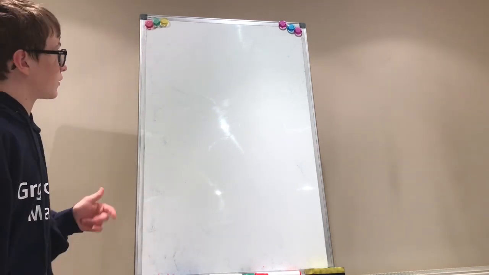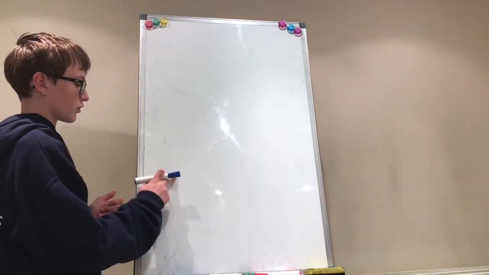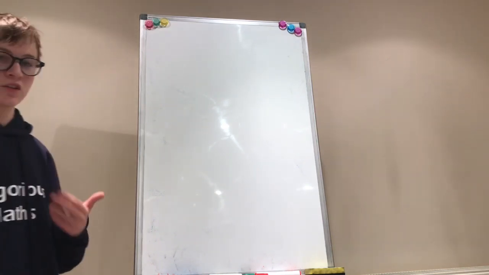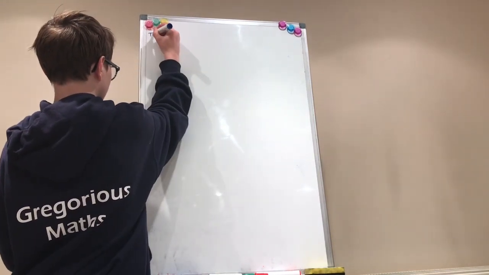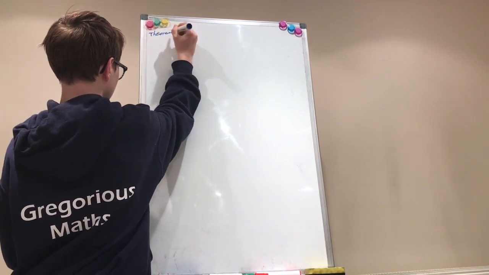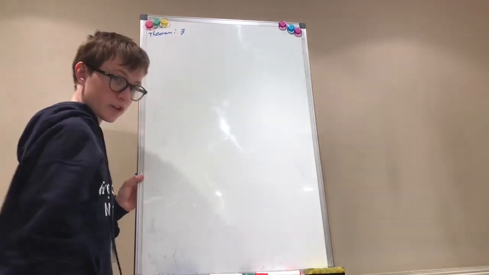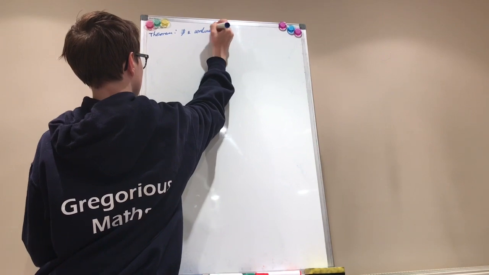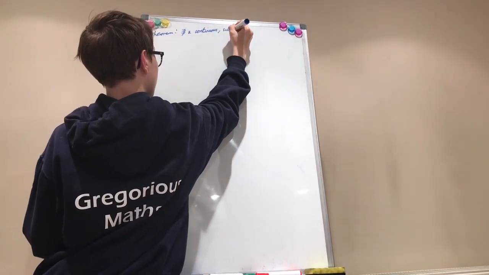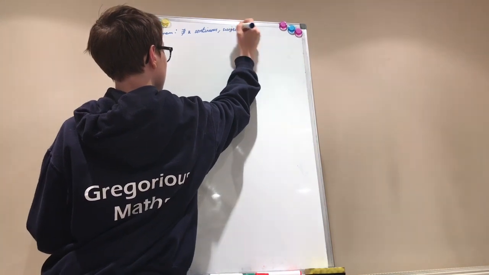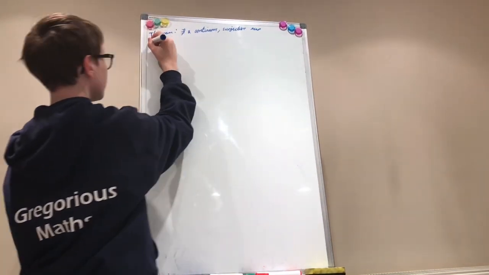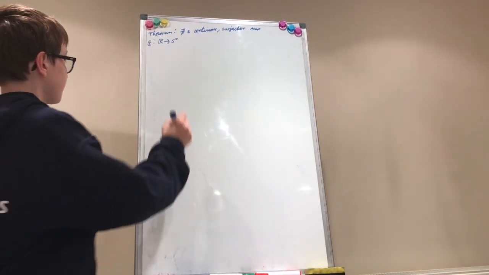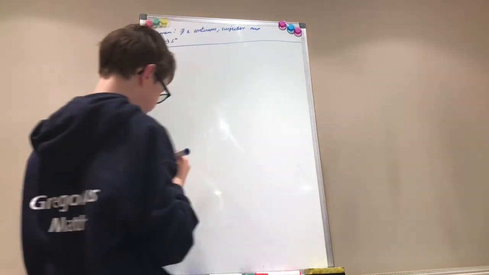But first let's look at a theorem which topologists like to prove, similar theorems to this. The theorem states there does not exist a continuous surjective map f from the real numbers to the zero sphere.